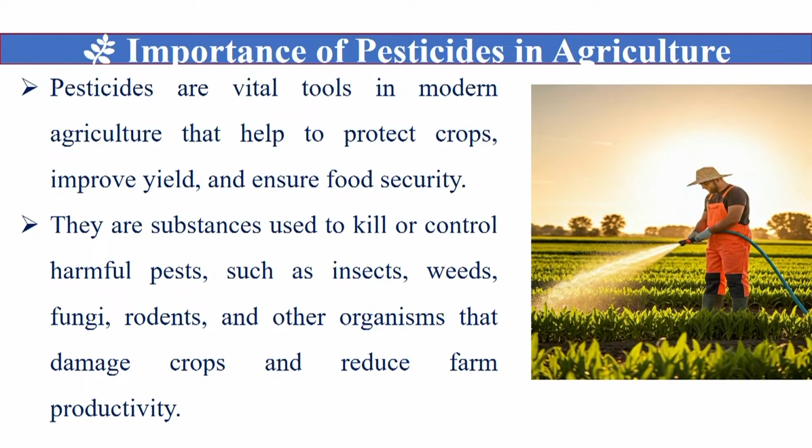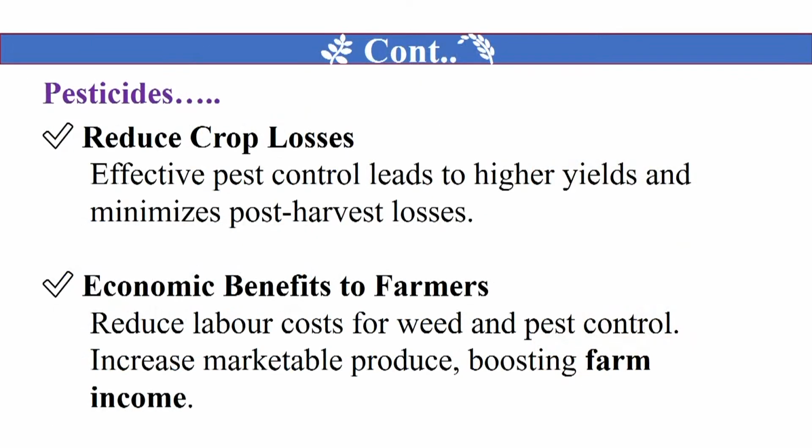They are substances used to kill or control, as I already said, harmful pests such as insects, weeds, fungi, rodents, and other organisms that damage crops and reduce farm productivity, and they reduce losses. Effective pest control leads to higher yield and minimizes post-harvest losses.